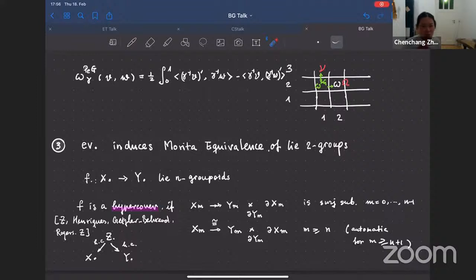I think it's called a Morita morphism for Lie 1-groups by certain people, and Morita equivalence is some sort of zigzag of these hypercovers. Many people have studied this, and I give the reference over here. Then you can verify this evaluation map; you don't even have to go through a zigzag.